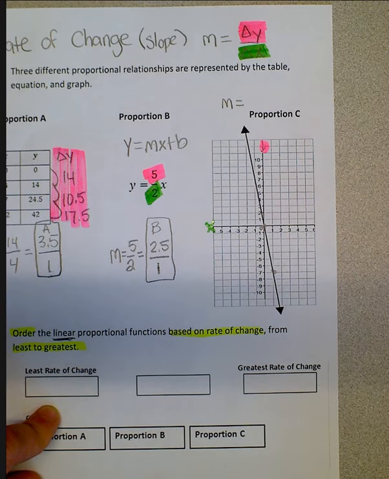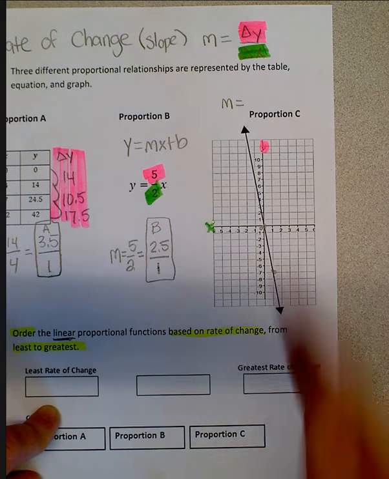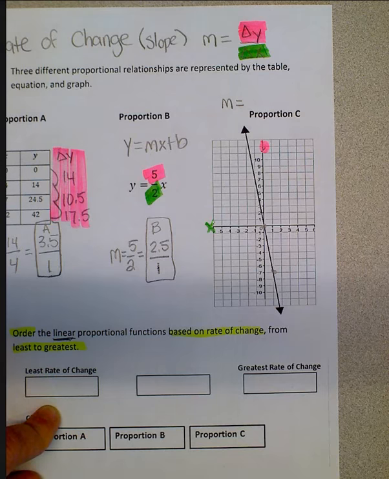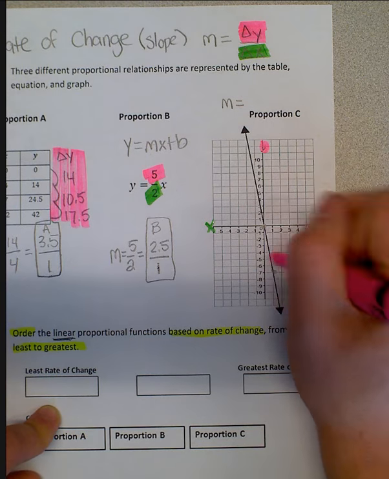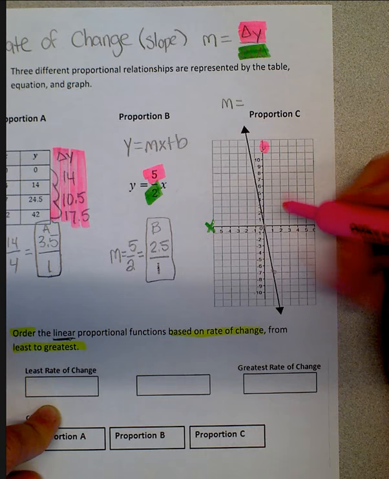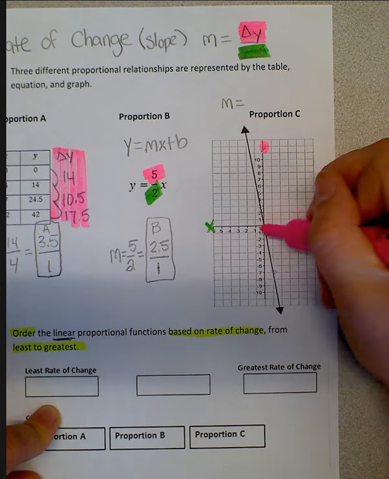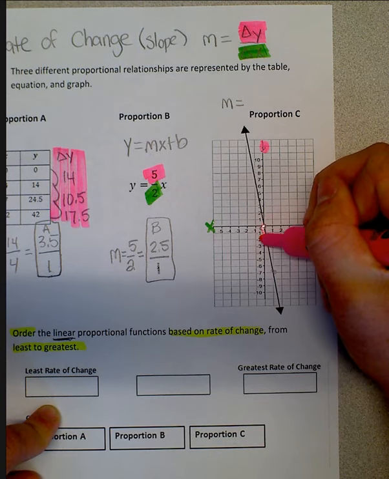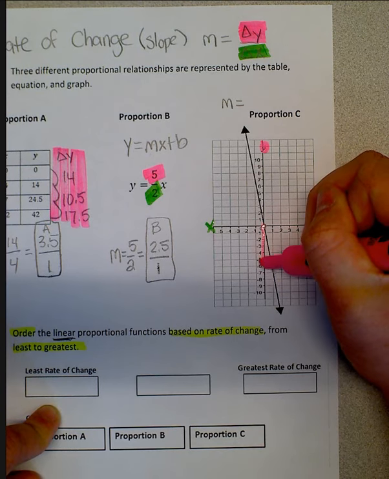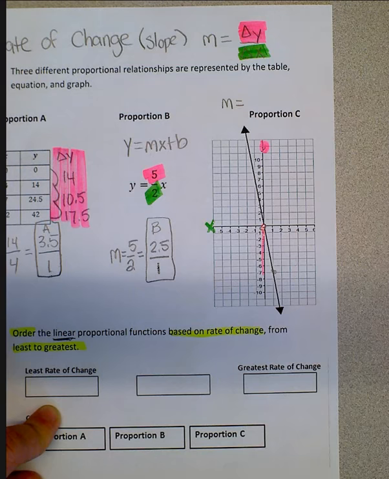So if I want to know my whole rate of change in this graph, I find the changes in the 2 points. So I see a coordinate starting at 0 here. And to make it go to the next point, I go down 1, 2, 3, 4, 5, 6, 7. So you can see I'm creating a right triangle.